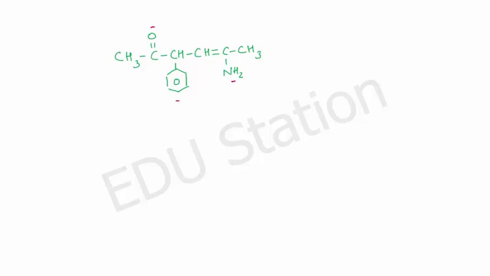Among keto and amine, keto is preferred. Keto cannot be attached to the benzene ring directly because it has a double bond. Something can only attach to the ring by a single bond. This will also be out.